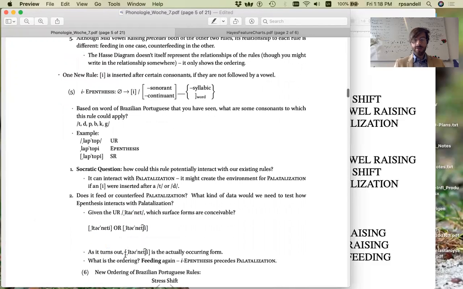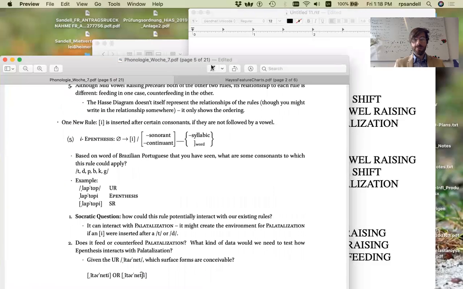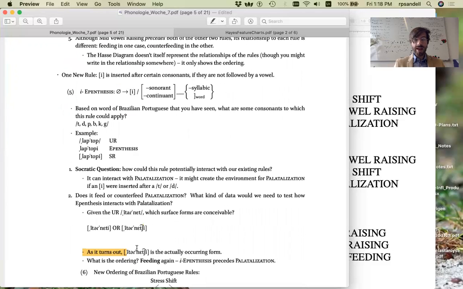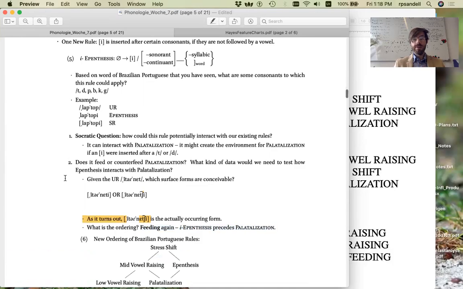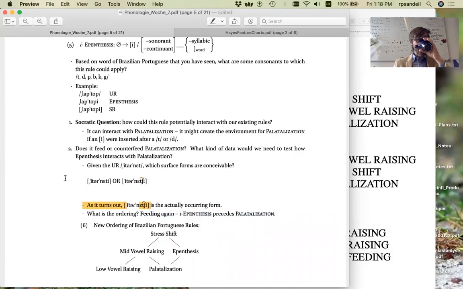And it turns out that the form which actually occurs in Brazilian Portuguese has the affricate ch. I wanted to highlight that here. So this means that there must be a feeding interaction between E epenthesis and palatalization. E epenthesis needs to precede palatalization.